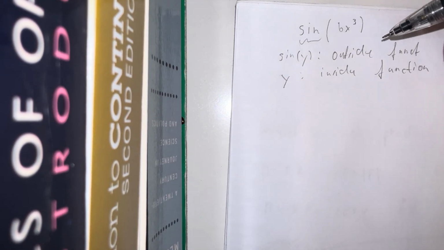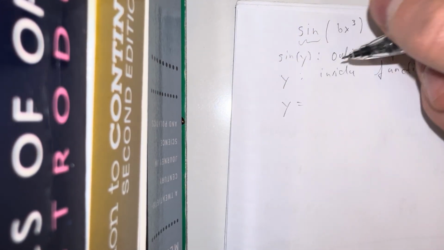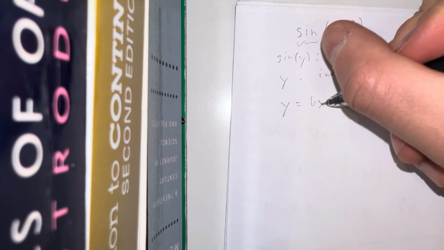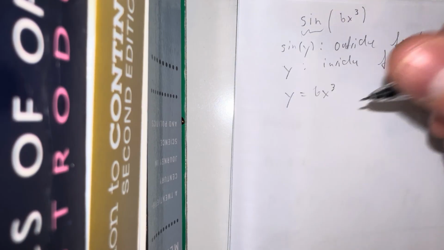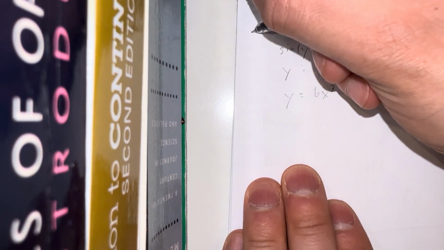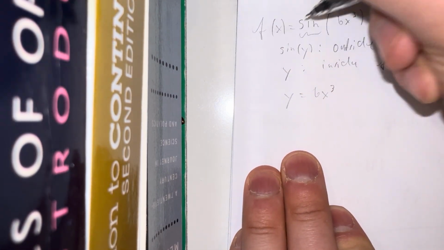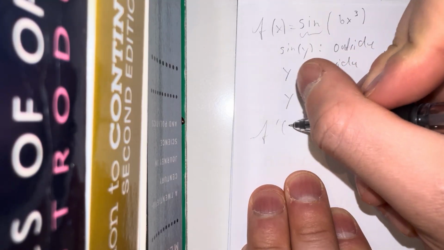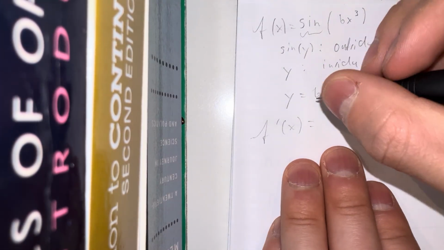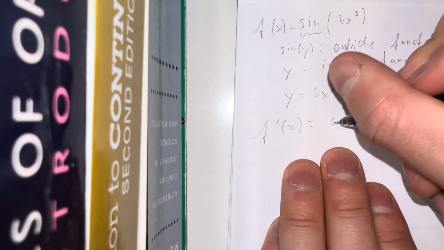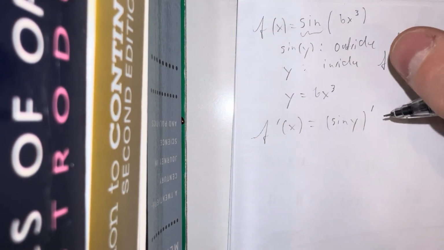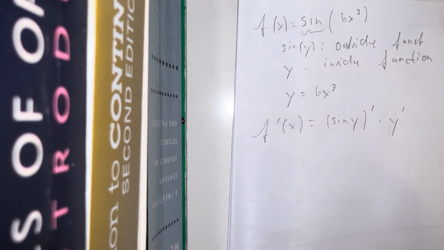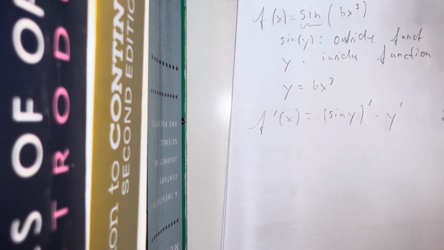Y is equal to 6x cubed. If this was f of x, then f derivative of x becomes sine y derived with respect to y times y derivative, y marked.